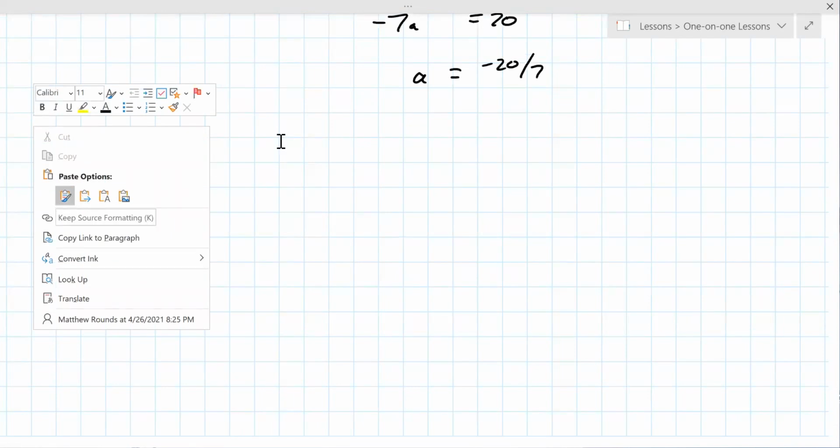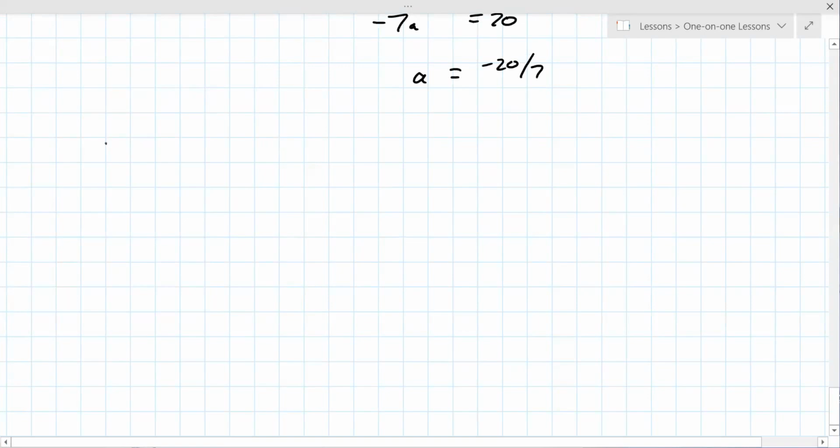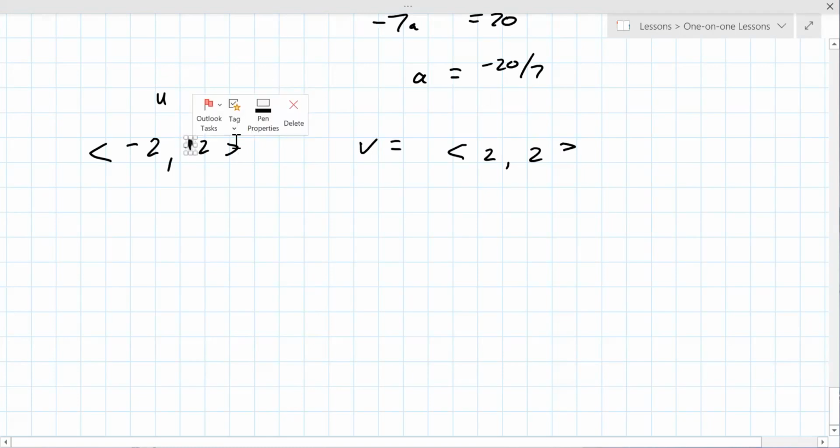Let's say vector u is -2, 2, and then v is 2 comma 2, and we're supposed to find the angle between them.